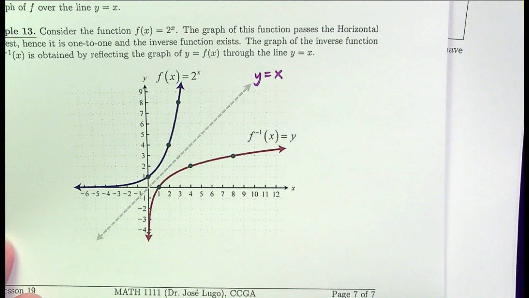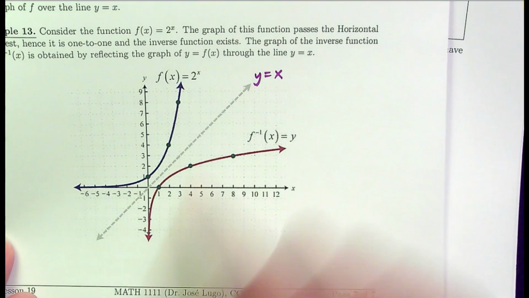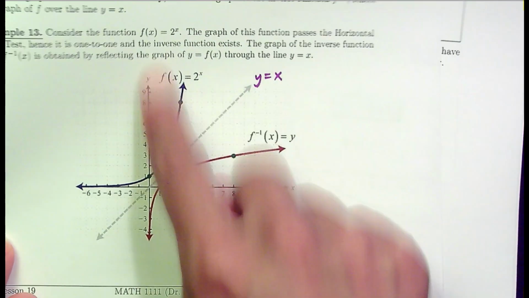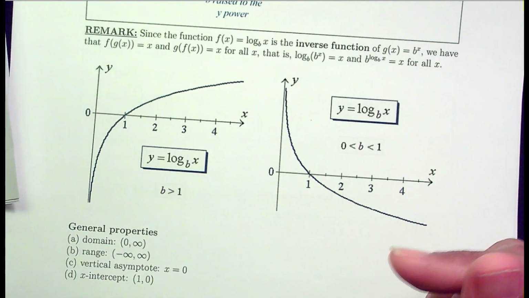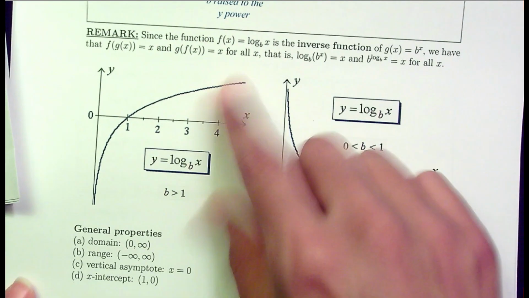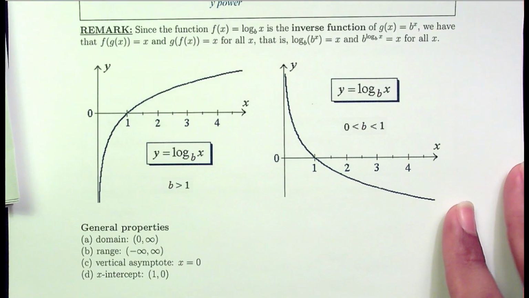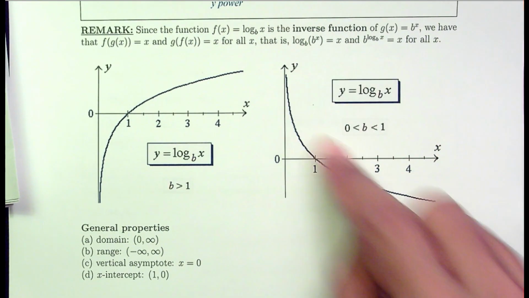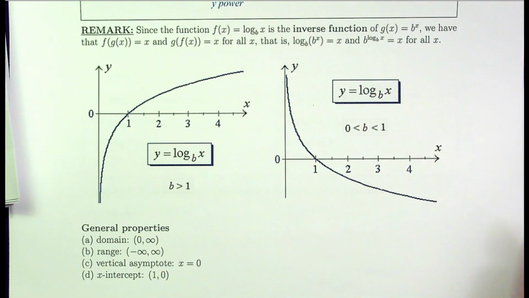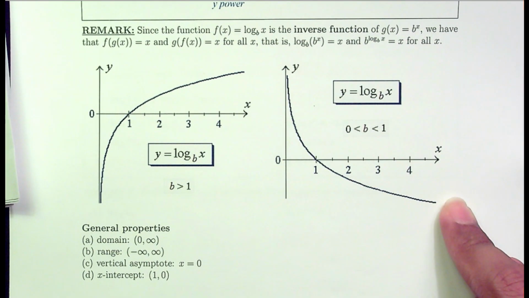That means the y-axis is now the asymptote. It's a vertical asymptote, x equals 0. All right, so that's what it looks like. And then if you were to take the graph of the exponential for b between 0 and 1 and do that reflection, you will get that the graph of the corresponding logarithm looks like this.